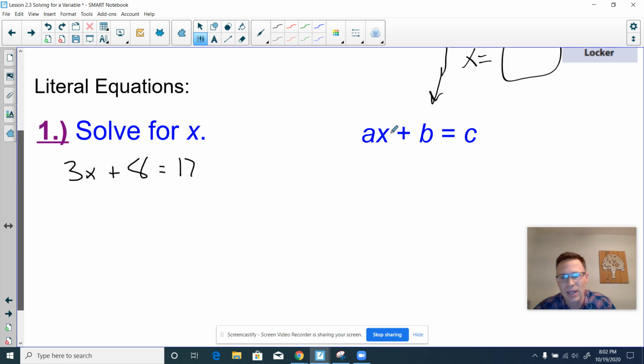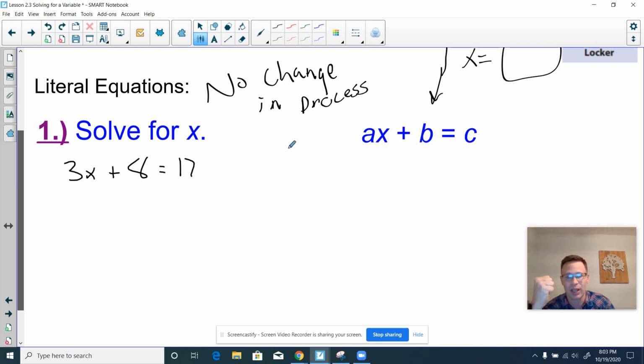And then we're going to apply it the same way to solve that equation, and we're going to see what it looks like, okay? The big idea here is that when we solve literal equations, there is no change in process, okay? No change in process. Sometimes we can simplify and sometimes we can't. In fact, literal equations actually involve less work, and you'll see what I mean in a minute.